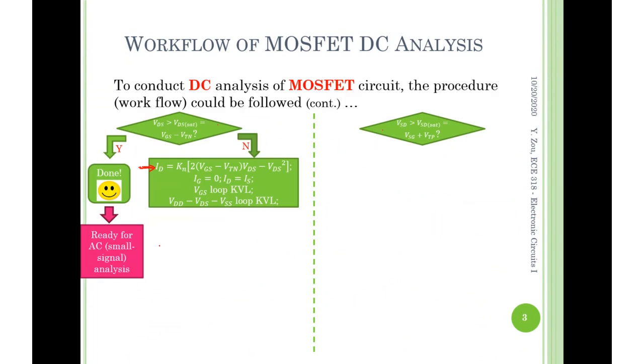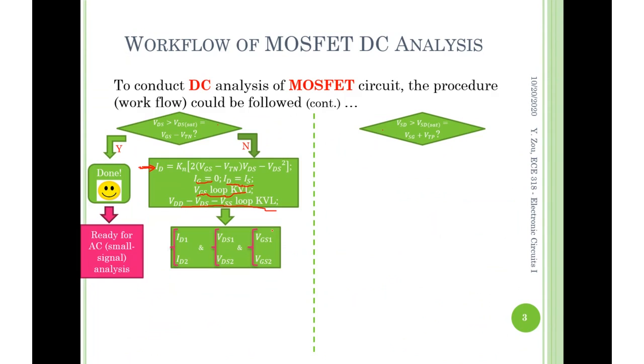The gate remains open, ID remains equal to IS, and you're still going to do the VGS loop and, from top to bottom, the KVL path, and pretty much do the analysis all over to find, once again, ID, VDS, and VGS. However, you are coming across a quadratic equation once again, so you're going to end up with two IDs, two VDS, and two VGS.